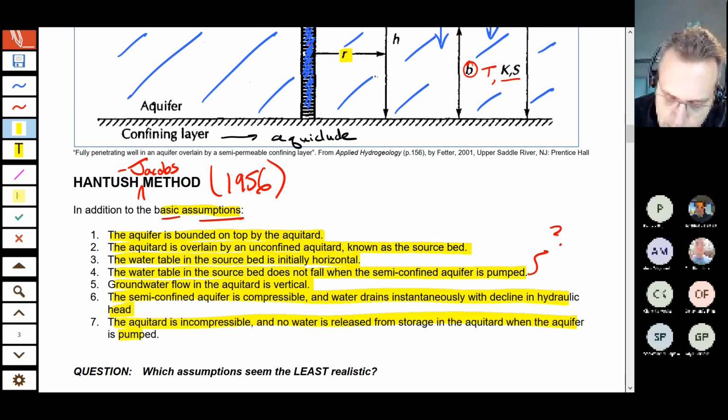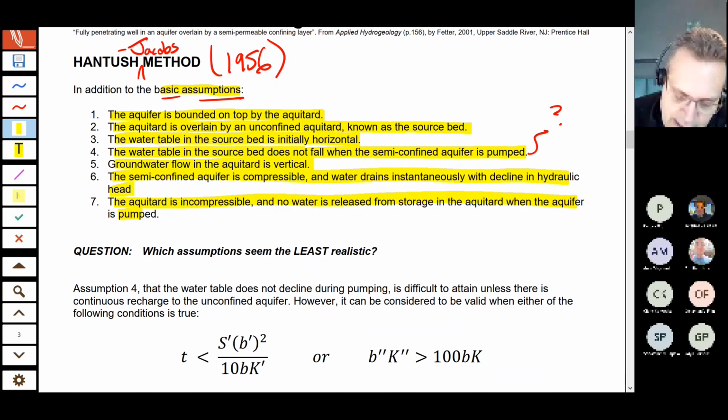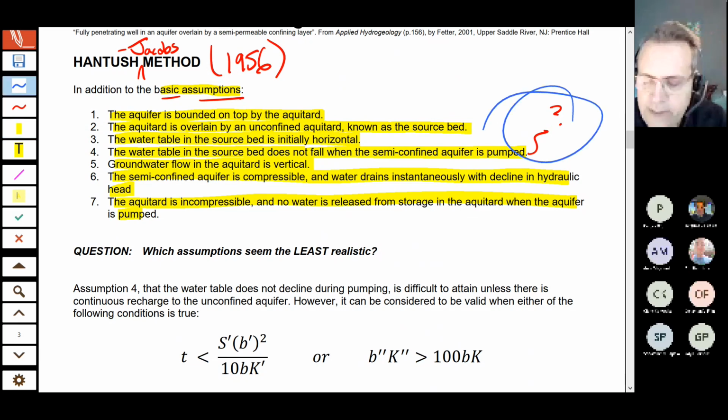Okay. So which of these assumptions seems least realistic? And I said number 4, actually, and I kind of gave that away, and maybe I shouldn't have, but that one seems a little bit unrealistic, that we go ahead and pump and we're not going to see a change in water level in the unconfined aquifer.